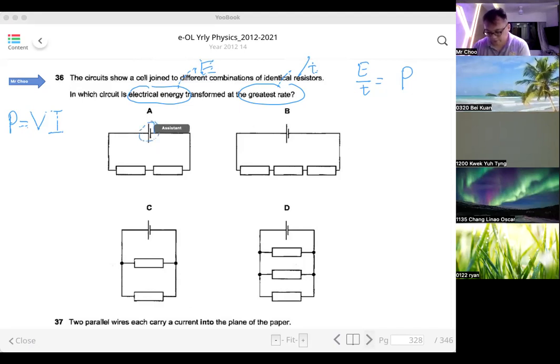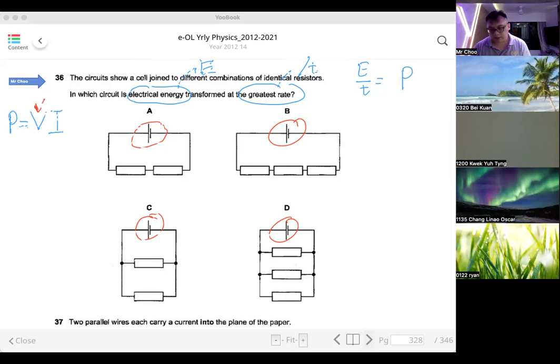Let me talk about this. All of them, can you see, have a fixed battery. So their V is fixed. It doesn't change. The value of V is fixed. Is that clear?